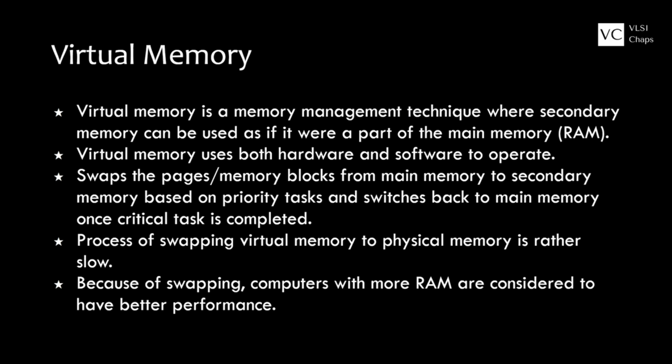Because of that, computers with more RAM are considered to have better performance, because if their RAM size is higher, then we need to swap fewer blocks, because we will have enough space to let another high priority process in. So you see that virtual memory is quite helpful in this case when it comes to prioritizing processes and for temporary storage of the ongoing process.